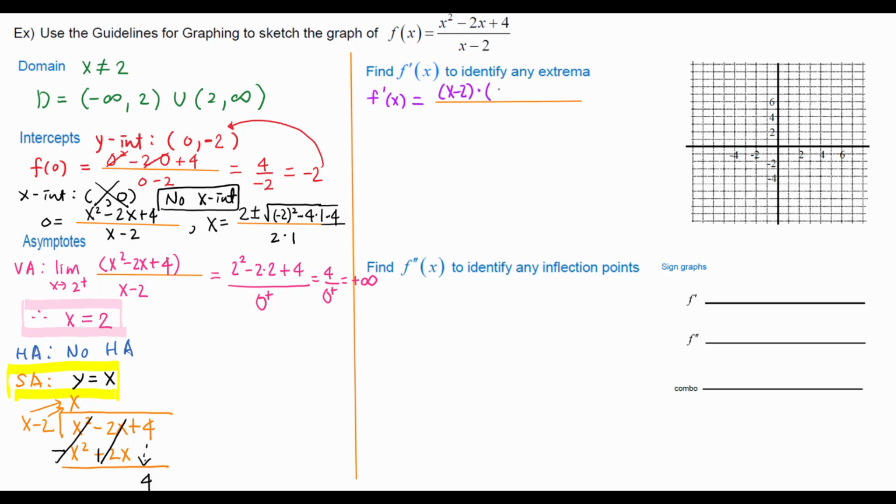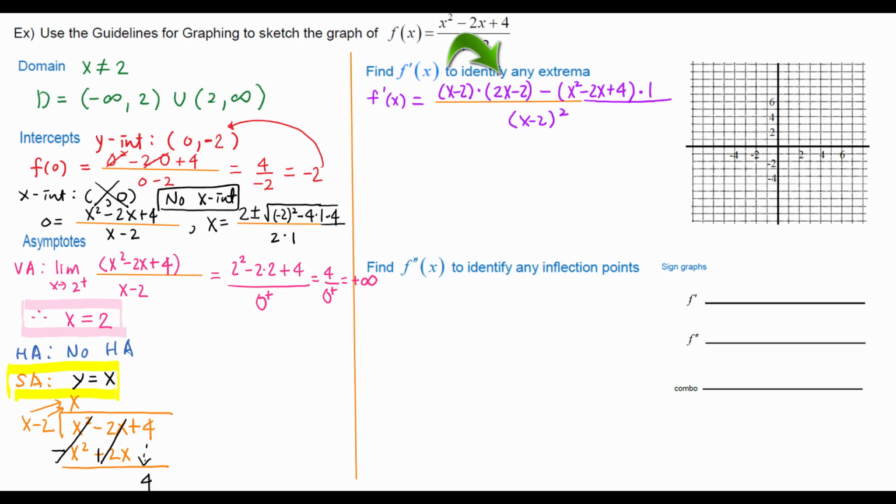Take the derivative of high, I get the quantity 2x minus 2, minus high, and my high is the quantity x squared minus 2x plus 4, d low. Take the derivative of low, which is 1, over square below.